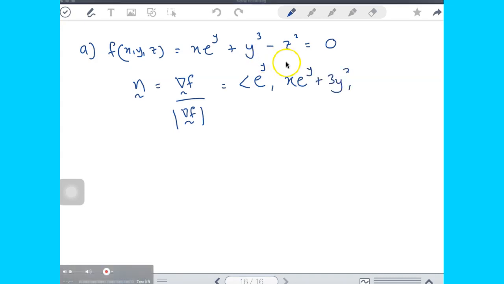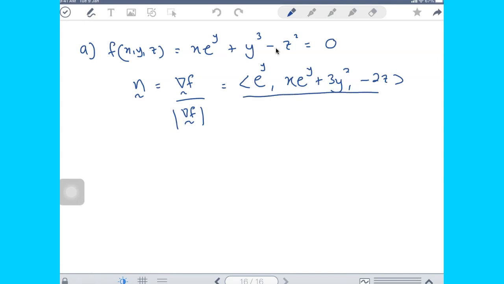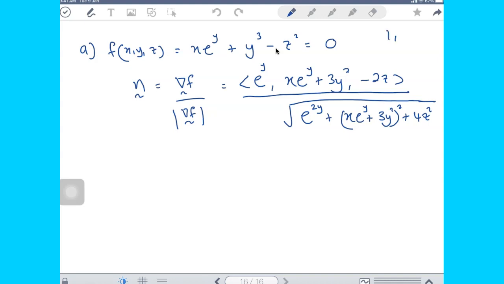Then for the z component, you have minus 2z, divided by its magnitude. So you have the square root of e^(2y) plus (x e^y plus 3y squared) squared plus 4z squared.